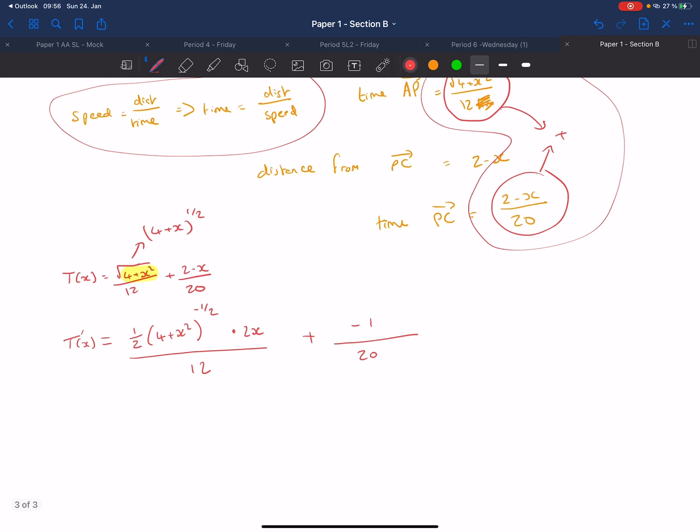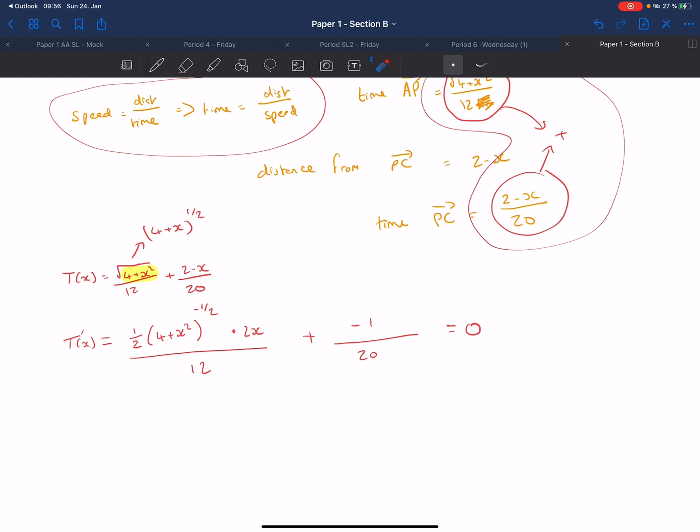Right. That's all fine, we've differentiated it, but now we need to solve it equal to 0. And at the moment, the bits that are troubling me about solving this equal to 0 are definitely this negative a half power up here. When we want to differentiate or integrate, I'm always about swapping the square root for a numerical power, because for differentiating and integrating, that numerical power is easier to deal with.